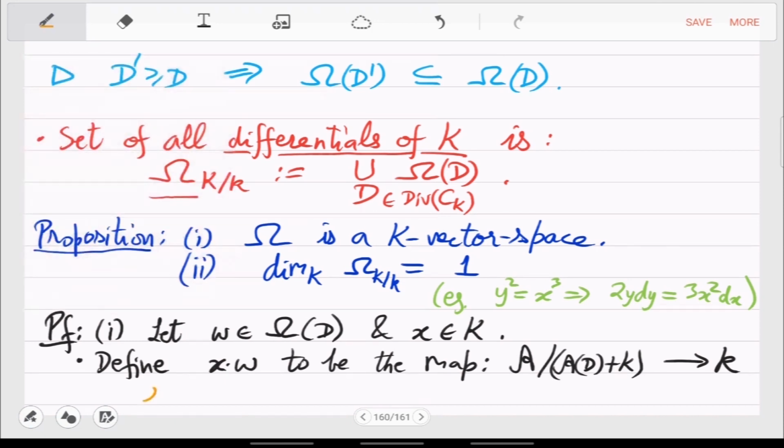So for an Adel R, you first multiply R with x. This you can do because a function is also an Adel. Adels can be multiplied, so Rx is that Adel, and then you apply omega.